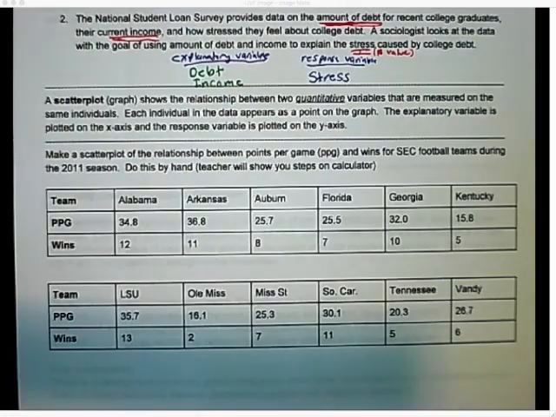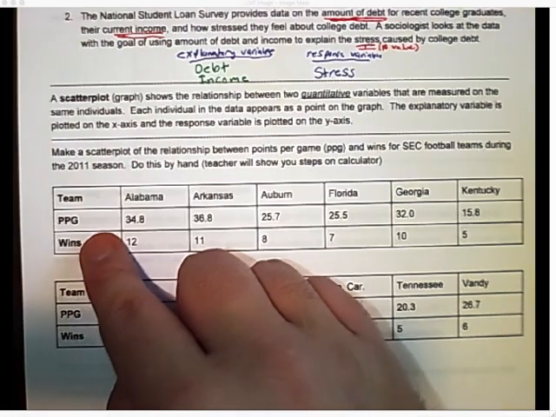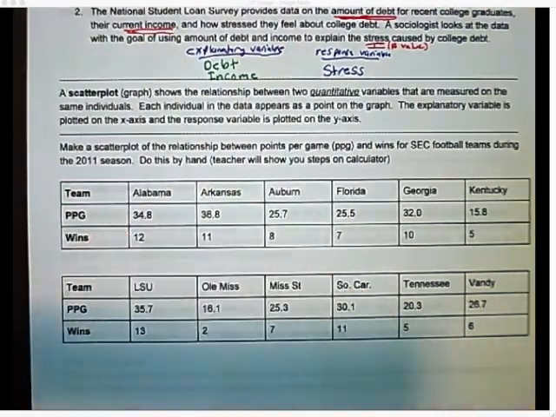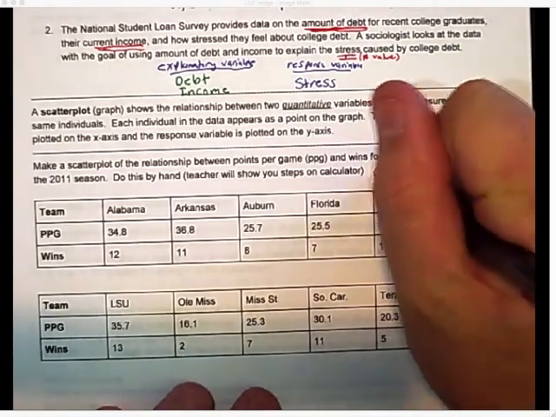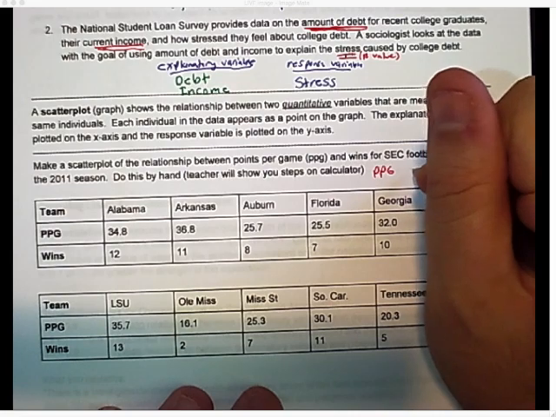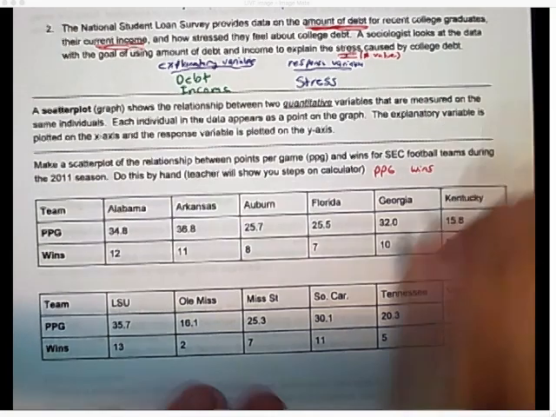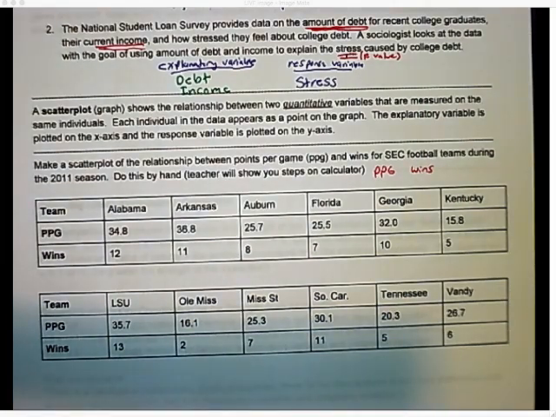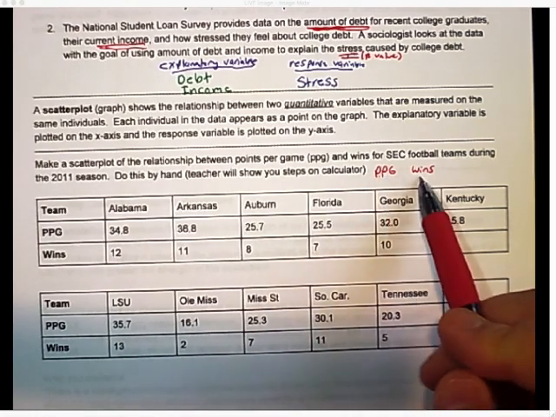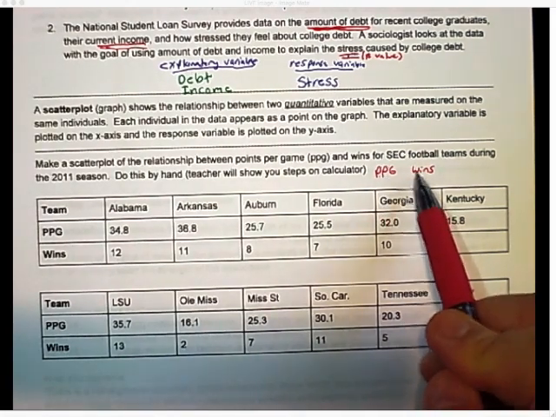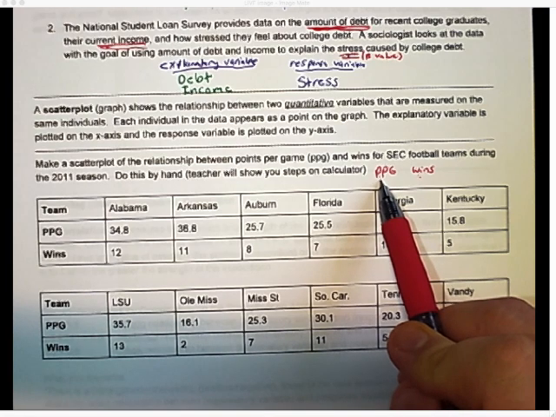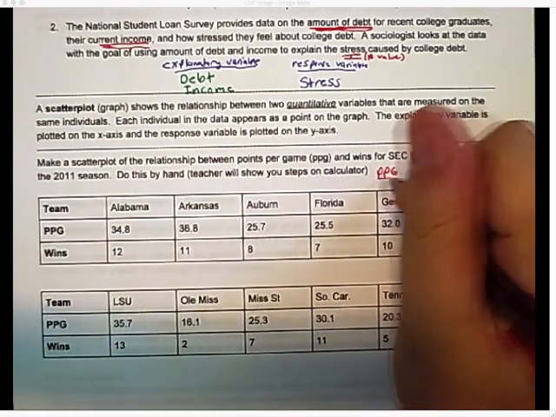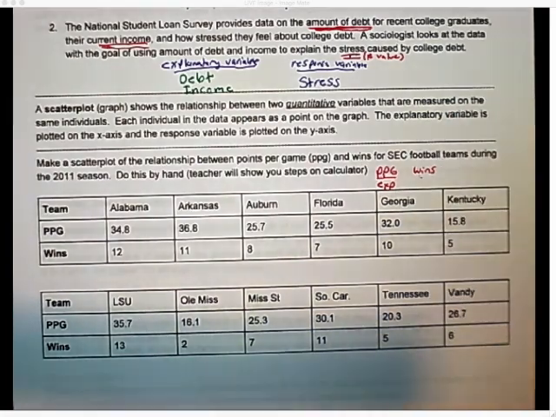So let's first decide on the two variables. They're both quantitative. Let's decide which one is the explanatory and which one is the response. We have points per game and wins. Which one do you think explains the other? Do you think points per game explains the number of wins, or the number of wins explains how many points they score? To me, the points per game explains how many wins.